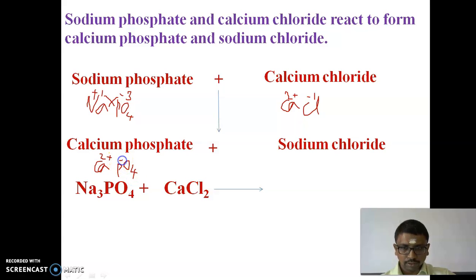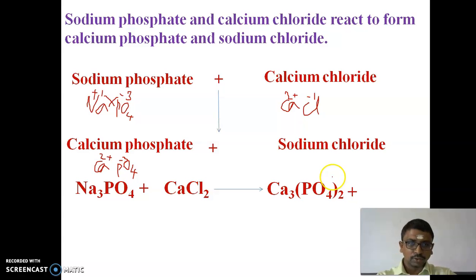The valency for phosphate is -3. So the calcium phosphate formula will be Ca3(PO4)2. And sodium chloride. The sodium chloride formula is NaCl.